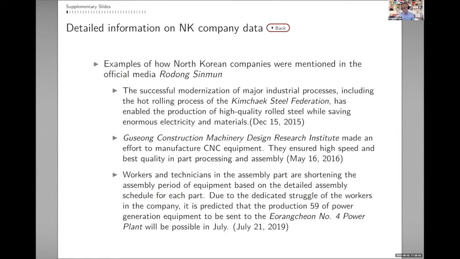So in some sense, to be honest, it's probably a mix of firm level data and plant level data, depending on how the newspaper elaborates or introduces that company.